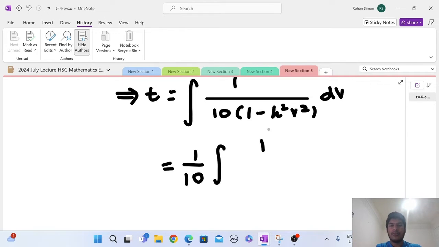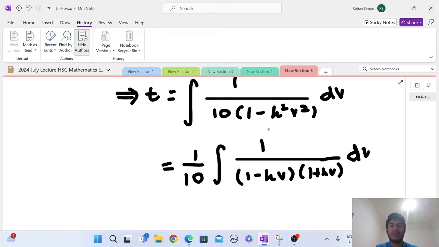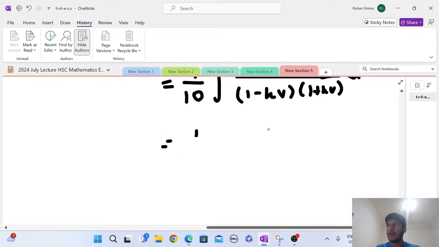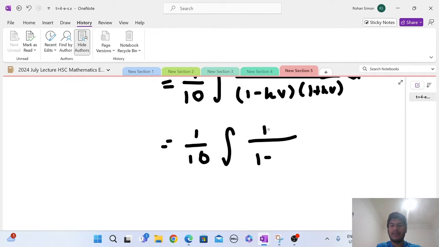Yeah, and so we get 1 over (1 - kv)(1 + kv), and so using partial fractions, that should show us that that's equal to 1/10 integral of 1/(1 - kv) plus 1/(1 + kv) dv.